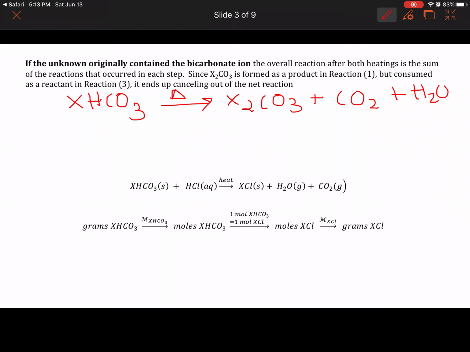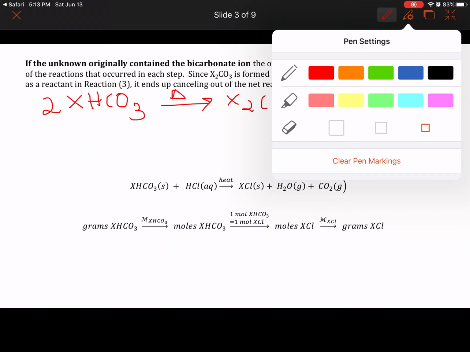If you had a hydrogen carbonate, we need to balance this. There are two hydrogens, and then we have 2 carbons, so we need to make sure that it's 2 carbons. And then what about the water? Do we need to change the water? 2 hydrogens, 2 hydrogens. We don't need to change the carbon dioxide because we already have a carbon right there.